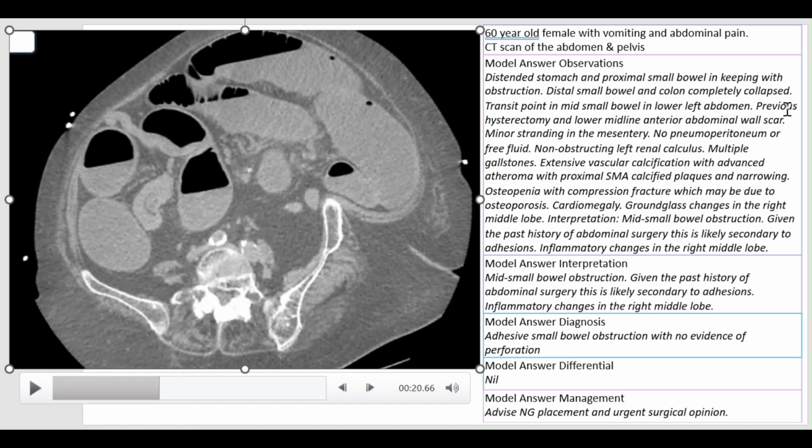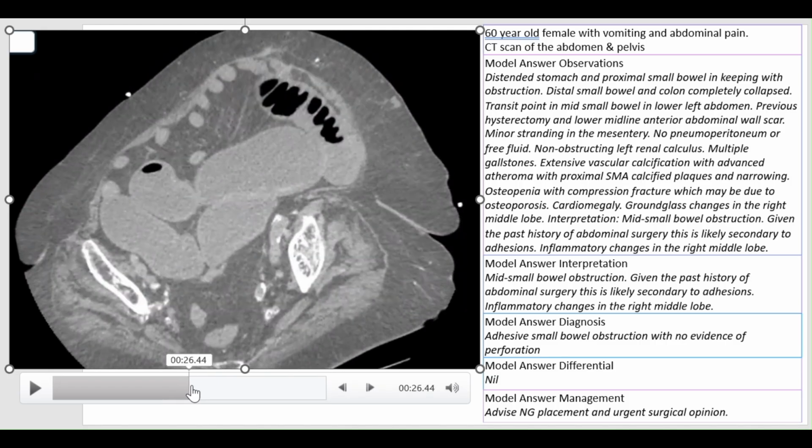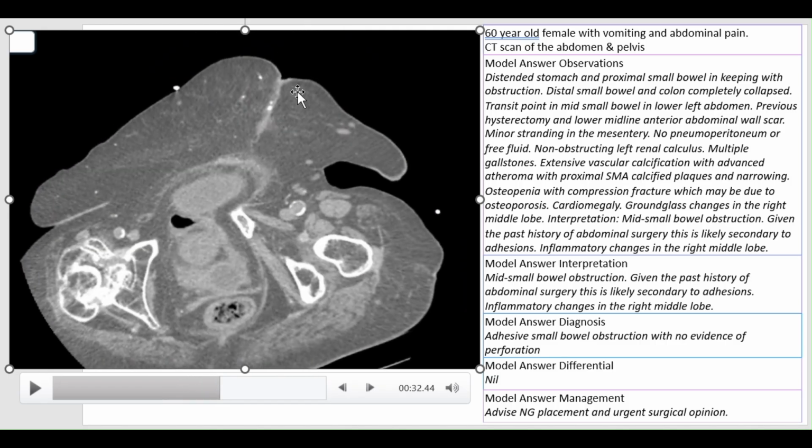Also, there is evidence of previous hysterectomy, and I will call it a previous subtotal hysterectomy. Why? I will show you the signs of the previous hysterectomy. The first sign is the lower midline anterior abdominal wall scar.